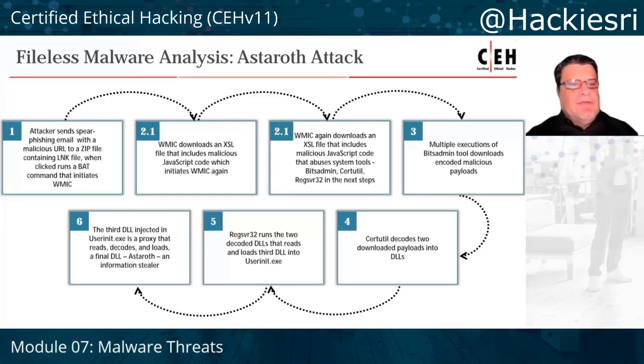Once again, these phishing emails try to be as interesting and as provocative and enticing as possible. WMIC downloads an XSL file that includes malicious JavaScript code, which initiates the WMIC again. Next, WMIC again downloads an XSL file that includes malicious JavaScript code that abuses system tools.